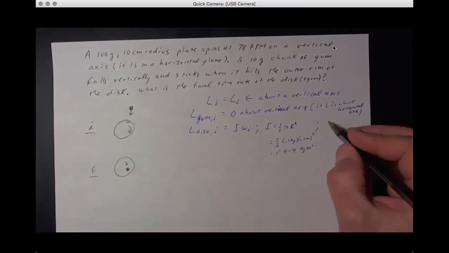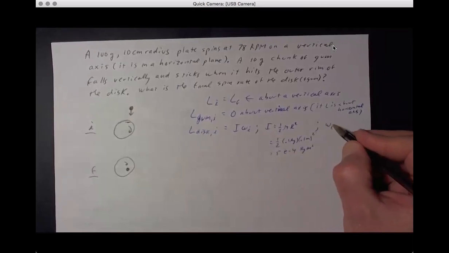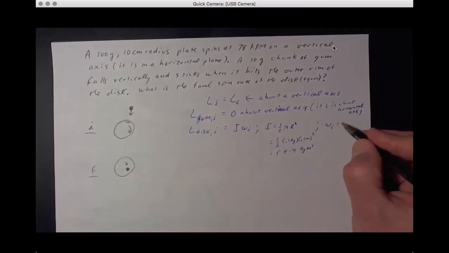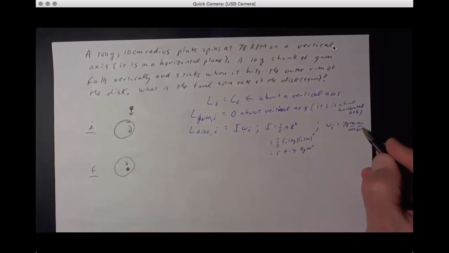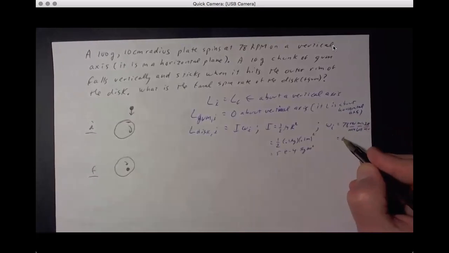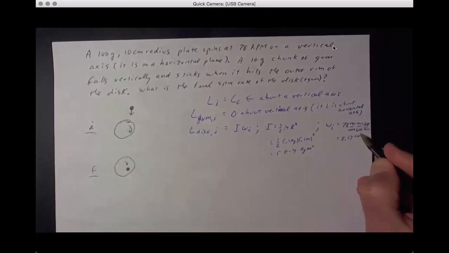And omega initial is equal to 78 revolutions per minute. And you've got 1 minute is 60 seconds, and you've got 2 pi radians per revolution. You multiply that, so it's 8.17 radians per second.